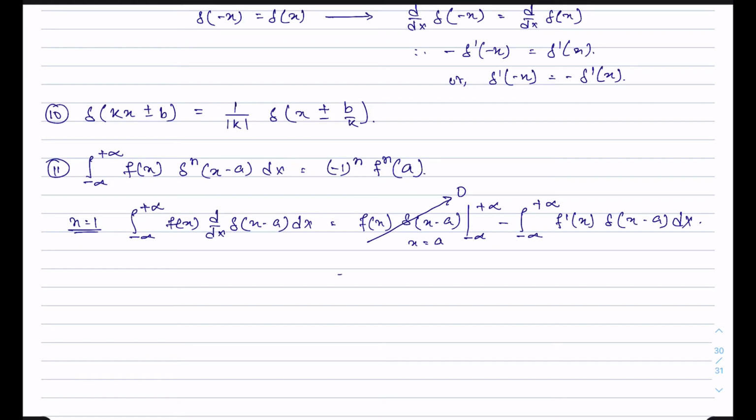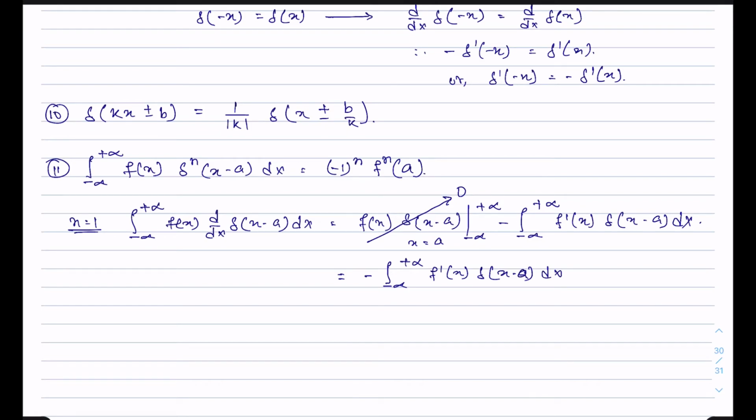Okay, so we are left with this one: the integral from minus infinity to plus infinity of f prime(x) delta(x minus a) dx.